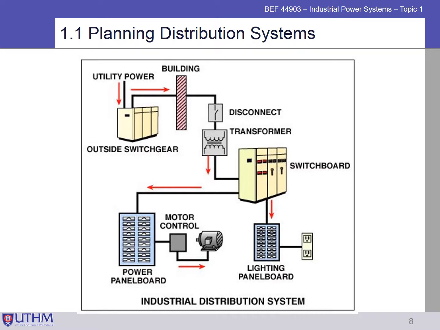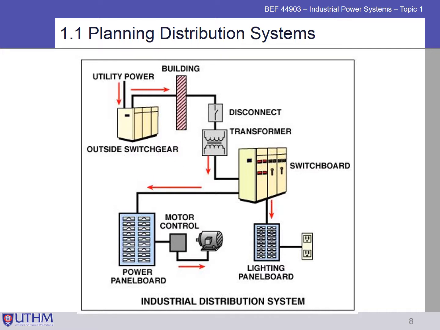Okay, this is the industrial distribution system. We can see this is the sequence. The first one is the utility power outside the switchgear, and this is the building; the utility power is outside the building.